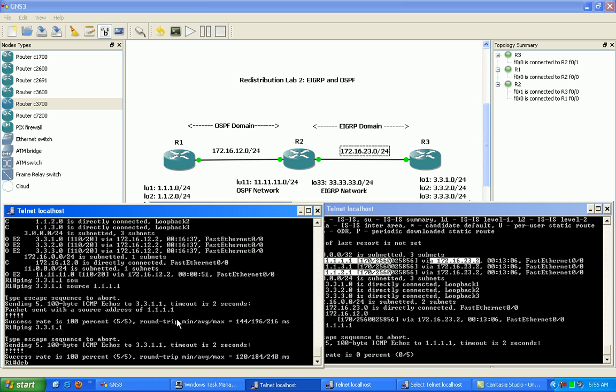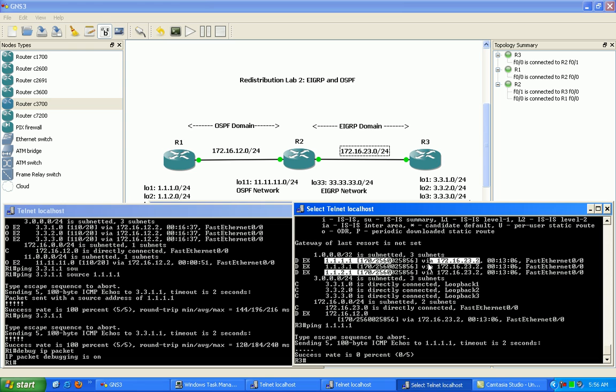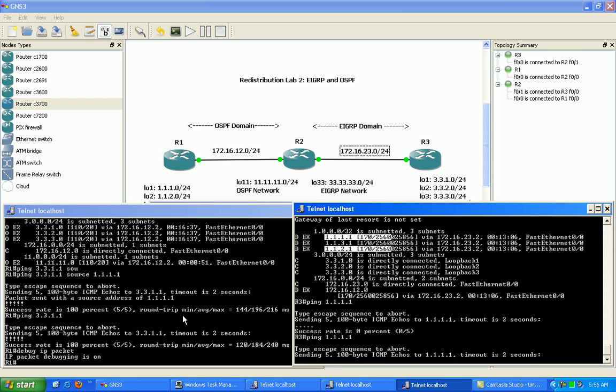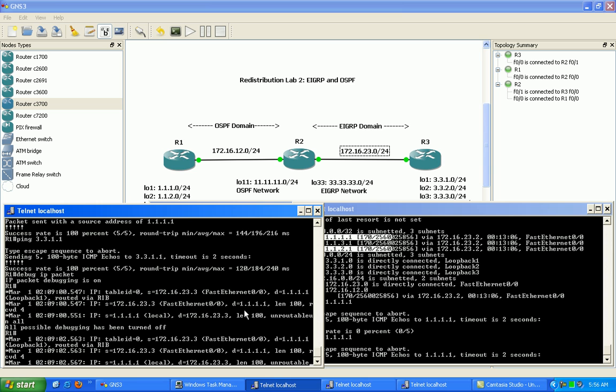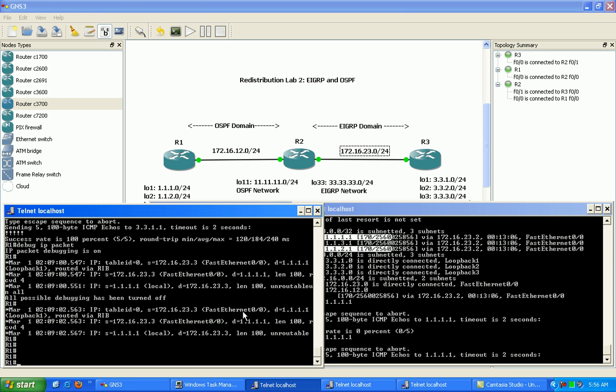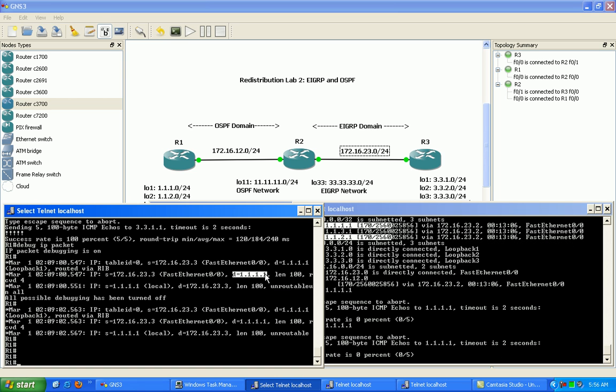Well, let's go ahead and just do a debug IP packet here on router 1. Let's go ahead and do that ping again. And this is exactly what is going on, is these pings that are being sourced from the 23 network going to the destination of 1 are being received on router 1.